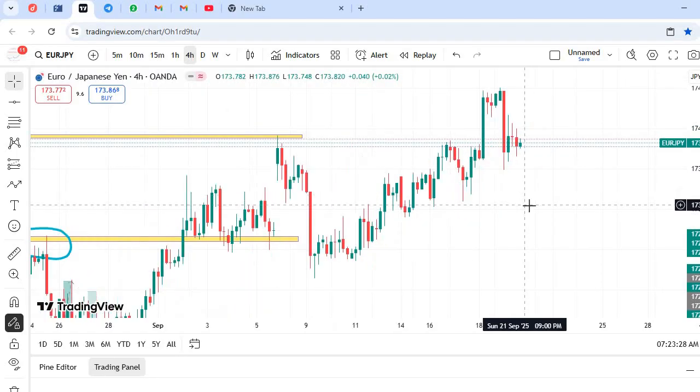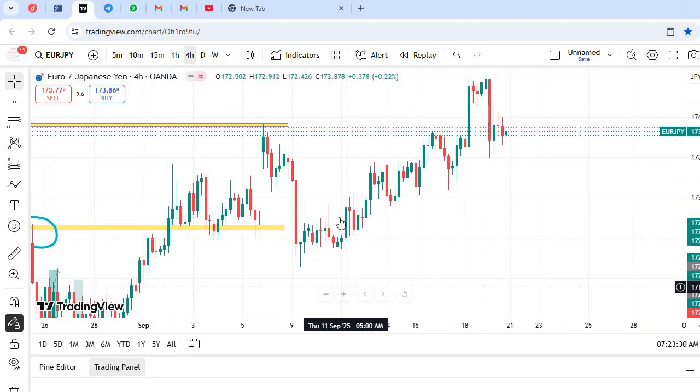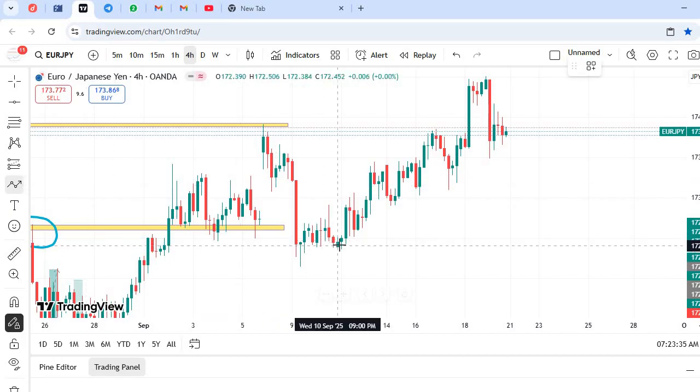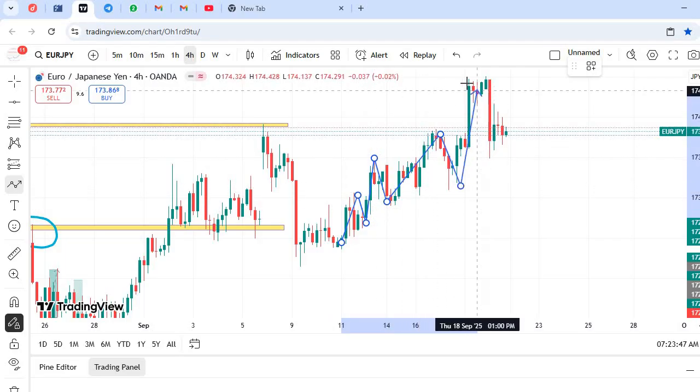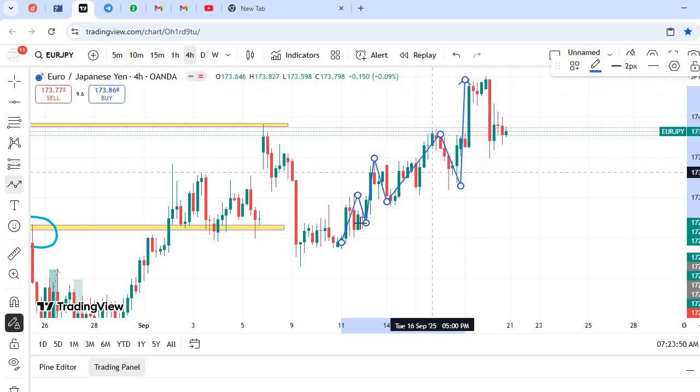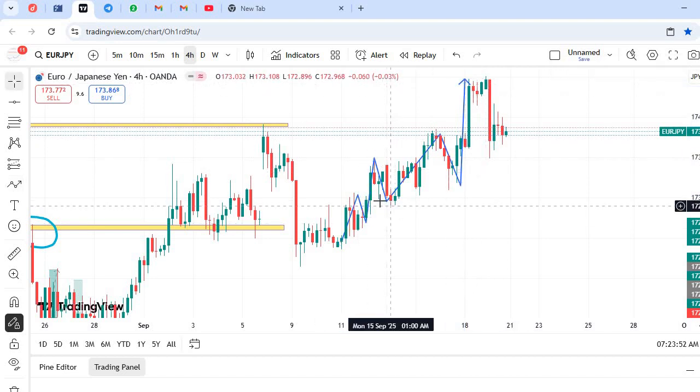For instance, now this is EOG 4-hour time frame. Can you see this is an uptrend? Like I said, the low sustains the high. This is high, this is low, this is high. So you see that the low is always protected.